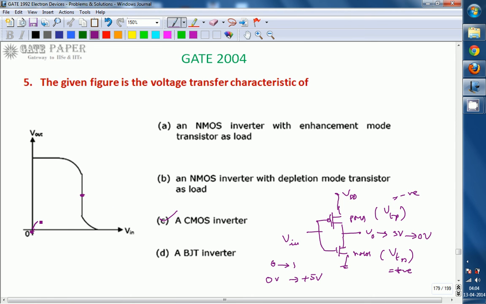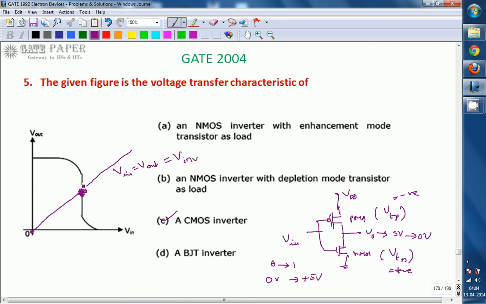This point, where V input is equal to V output, is called the V inversion point or logic inversion point.